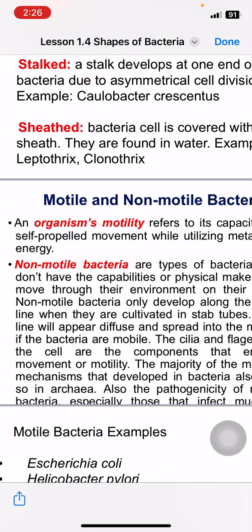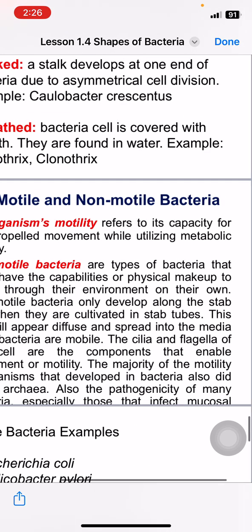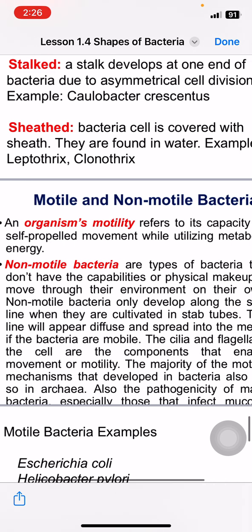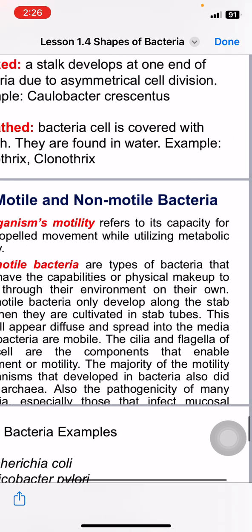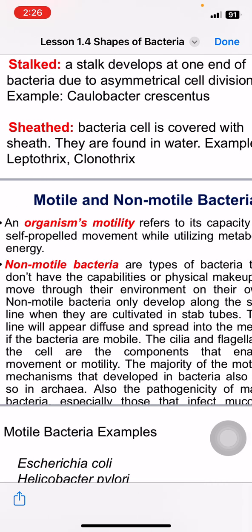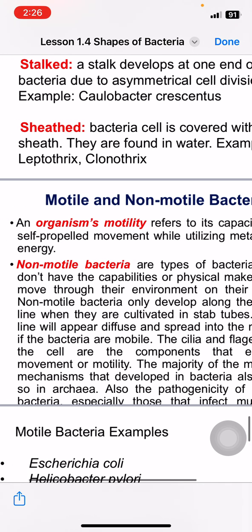The organism's motility refers to its capacity for self-propelled movement while utilizing metabolic energy. So having motility means being propelled with movement, and these are the bacteria that possess movement. When we say non-motile bacteria, these are bacteria that don't have the physical capability to move.